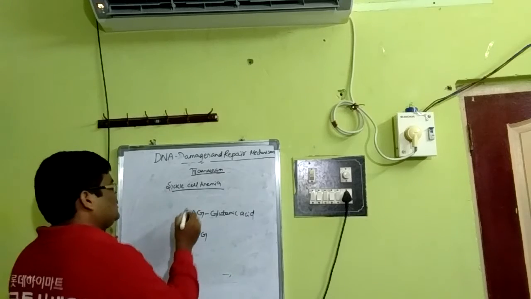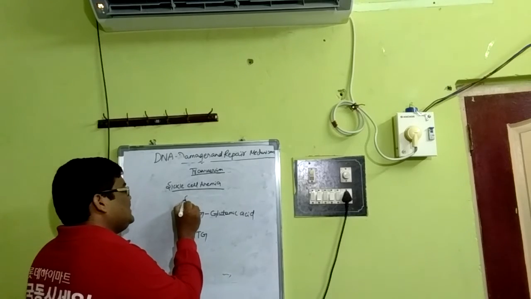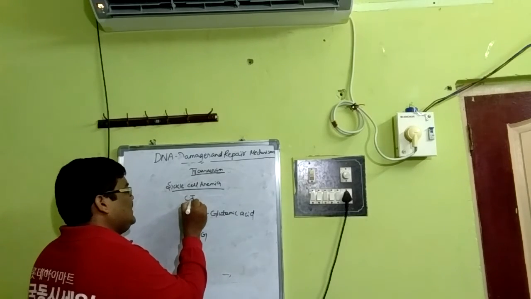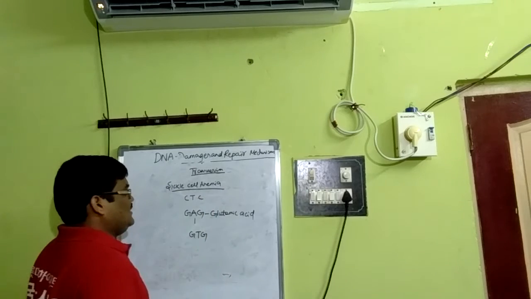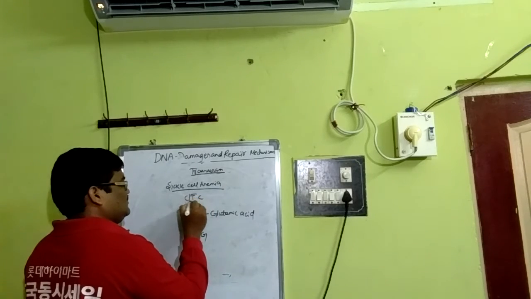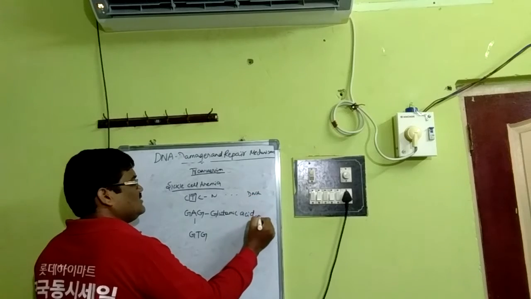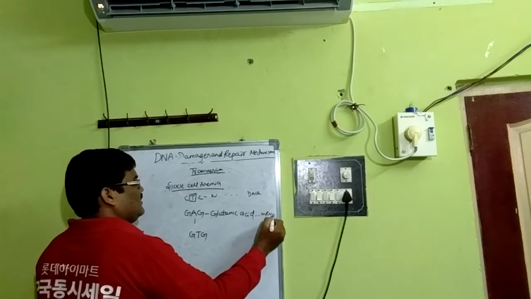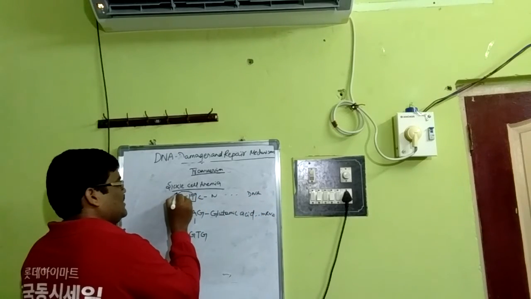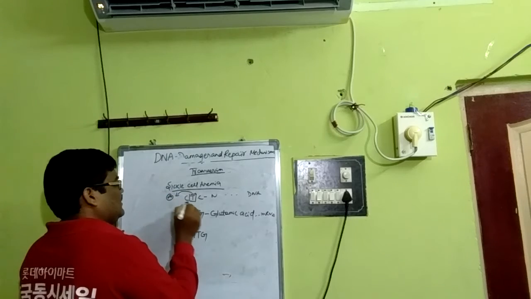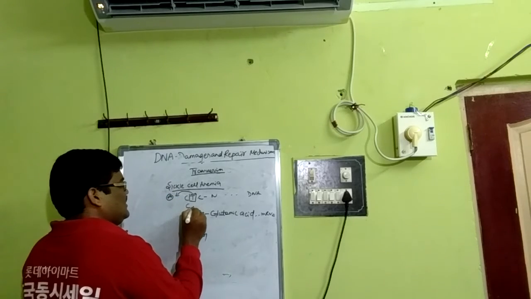How? For example, GAG means CTC is normal, in DNA I am saying. Okay, this is mRNA. And this has been replaced by CAC.